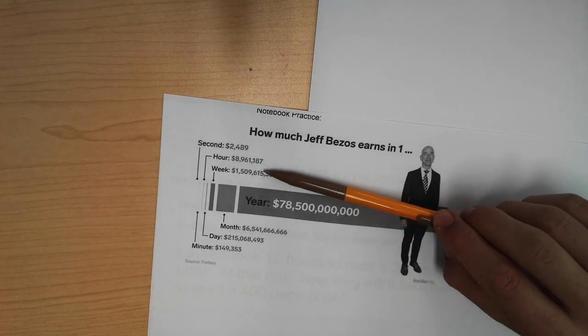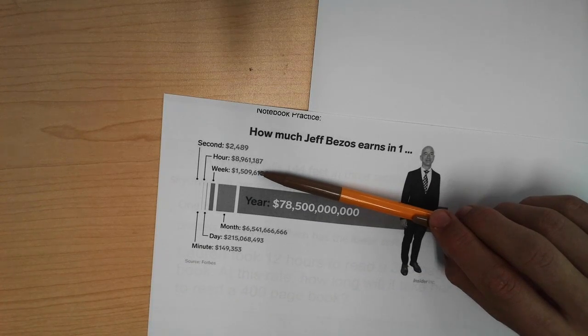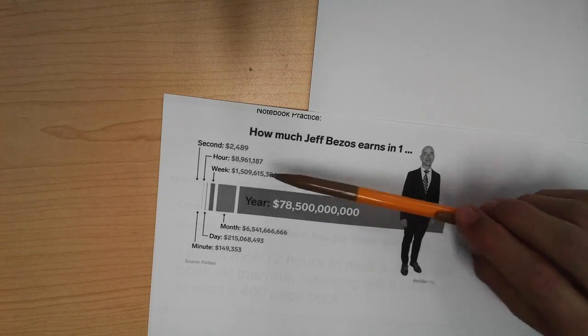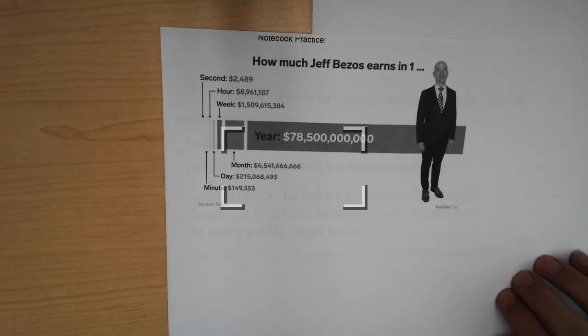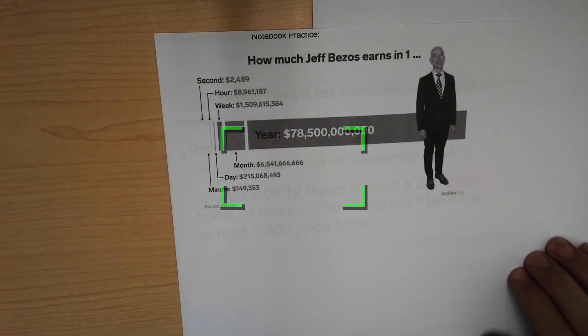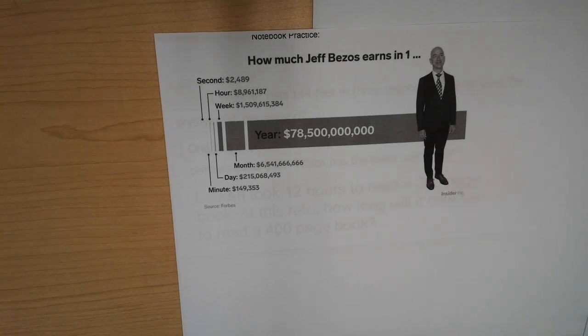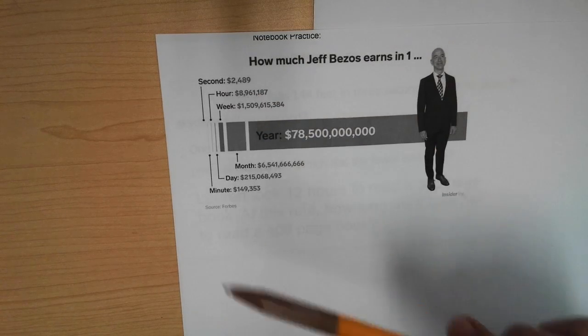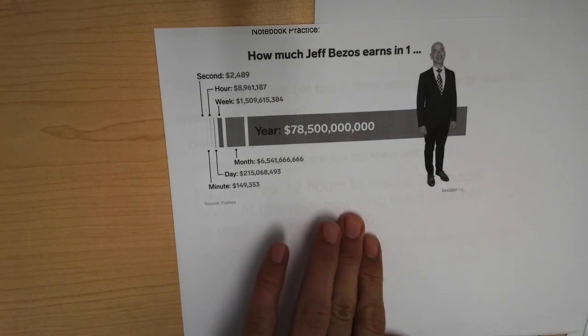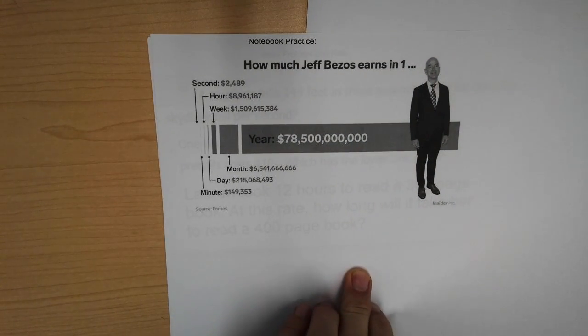Per hour, he has $8,961,187. That goes so on and so forth. So again, per means one. So for every minute, day, month, year, week, hour, and second. So when you see per, think unit rate.